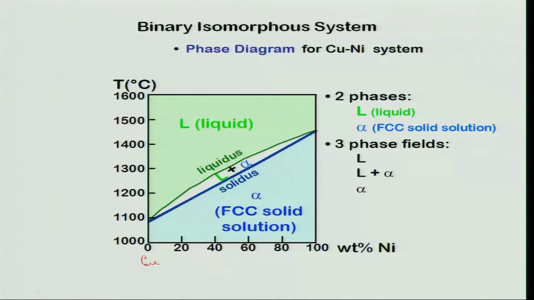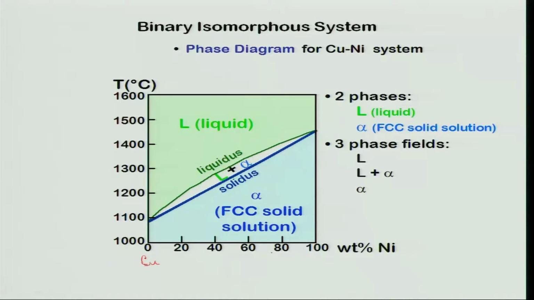Now again, this phase diagram looks the same as I told you, the lens shaped diagram, where liquid and solid phases are separated by a lens shaped region between solid and liquid. So the upper curve is known as liquidus, the lower one is known as solidus. There are two single phase regions, liquid and alpha, and a two phase field, liquid plus alpha.